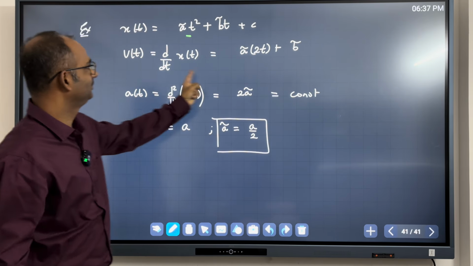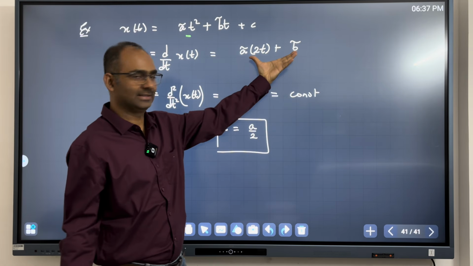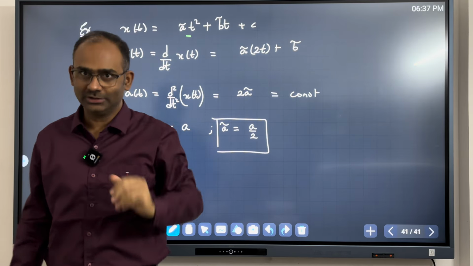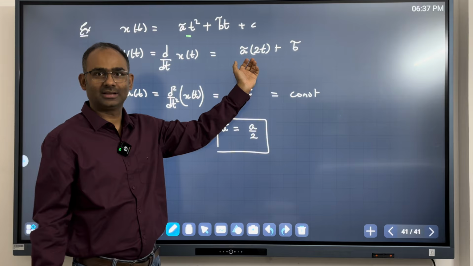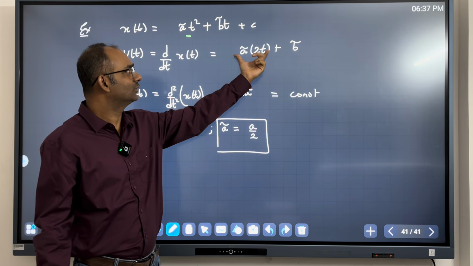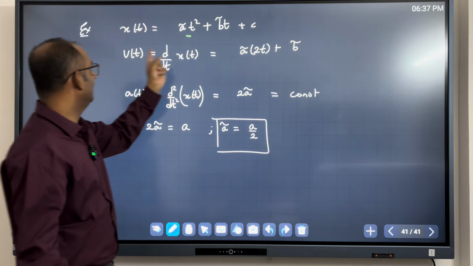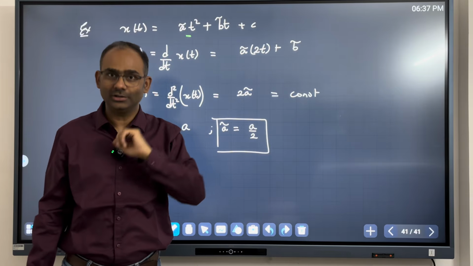Look at this expression. It says velocity at time t is this. Now I'll put t equal to 0. And you know why I want to put t equal to 0? Because that term will go away. At t equal to 0, the left hand side is the velocity at time t equal to 0.